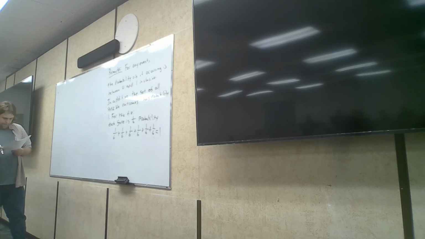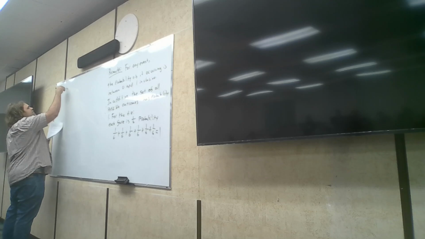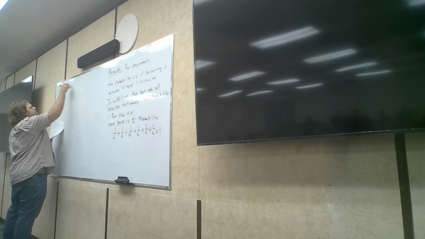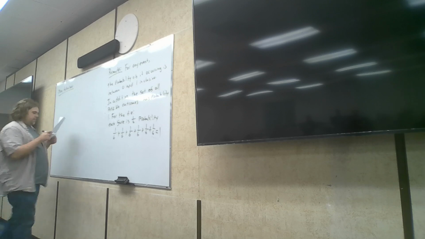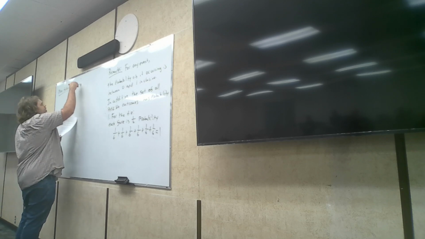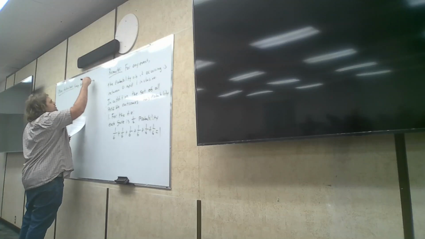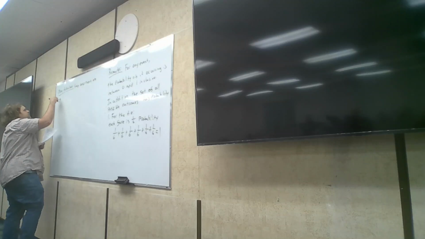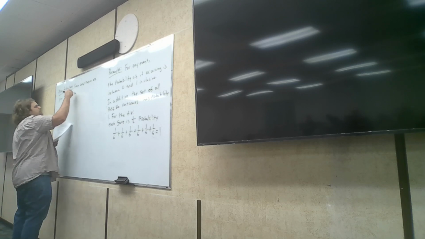Let's see. So more definitions. And this is kind of specific to one result that we really want. Since our events are just sets, we can perform set operations on them.